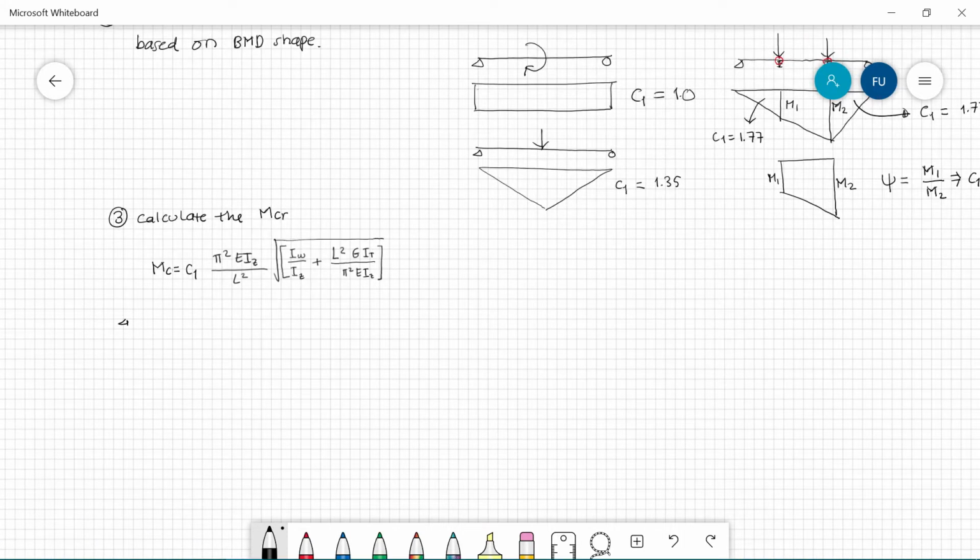Then step number 4 is calculate the non-dimensional slenderness, lambda LT bar.